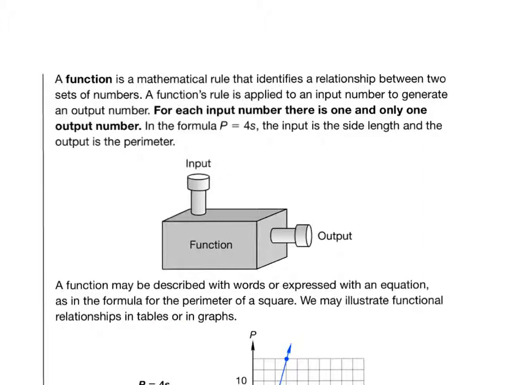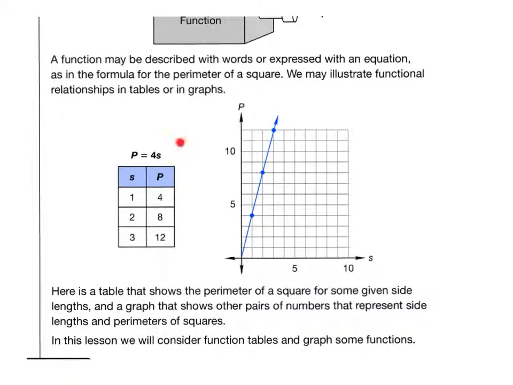And that's what we're going to be doing in this particular lesson, is finding functions and then creating tables and graphing them. This is an example of a table for our formula P equals 4S. Okay? So what we've done is we've taken the formula P equals 4S and then we've made up some numbers.